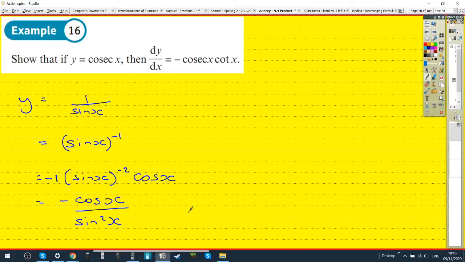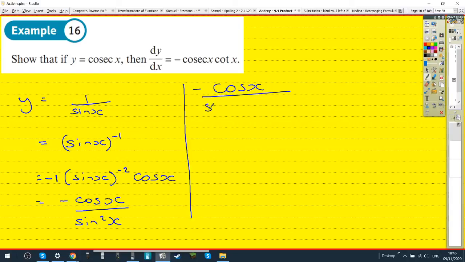Okay, let's simplify this one. Am I changing sine squared x to 1 minus cos squared x? I think, what if I wrote it this way?